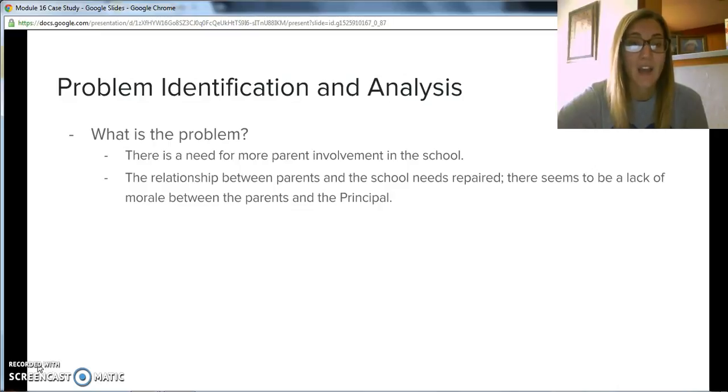There seems to be a lack of morale between the parents and the principal, at least, which probably filters down to the rest of the school, as you usually see with an educational leader. So it seems like probably everybody just needs relationships built up.